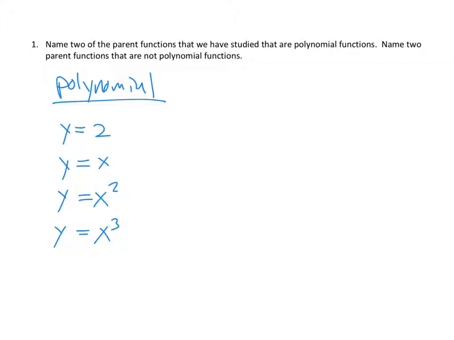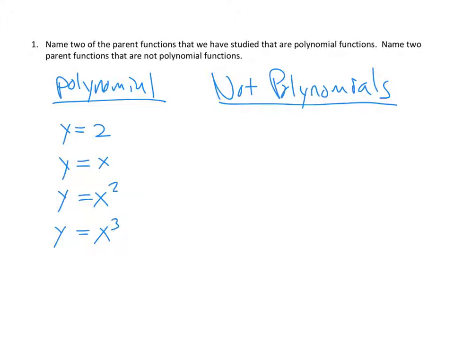Things that are parent functions that are not polynomials would be anything with a corner or a cusp, like y equals the absolute value of x.